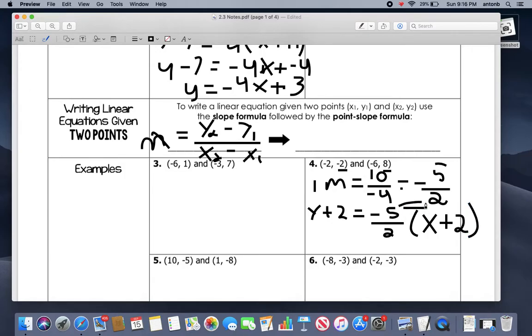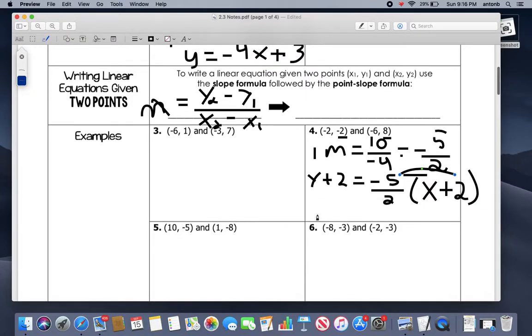Take one here, take it here. y plus 2 equals negative 5 halves x, or sorry, 5 halves x. And now negative 5 halves times 2 really gives us, where are we at?